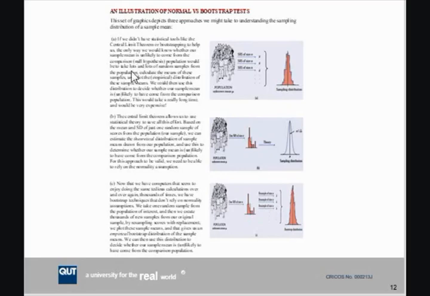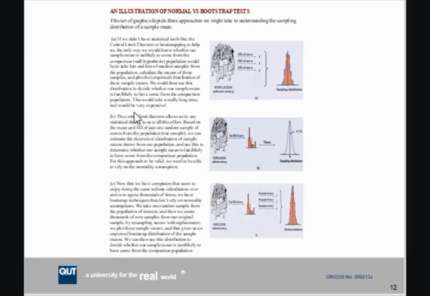So essentially, if we didn't have the central limit theorem or bootstrapping tests, what we'd actually have to do is take samples of an infinite number from our actual population and plot the actual sample means to get our sampling distribution. But our central limit theorem has done this for us using probability.